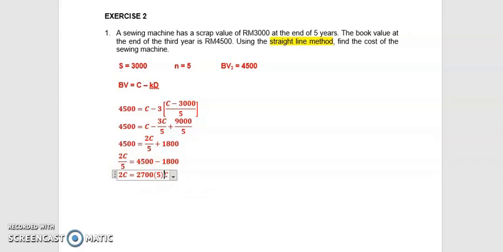So C equal to 2,700 multiplied by 5 is 13,500. So 2C means 2 multiplied by C. Multiply, you bring to right hand side, become divide. So divided by 2.